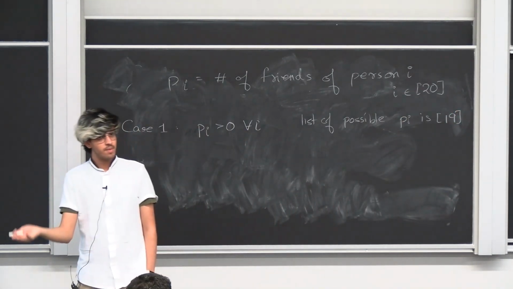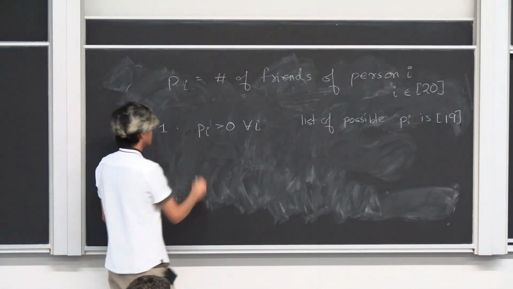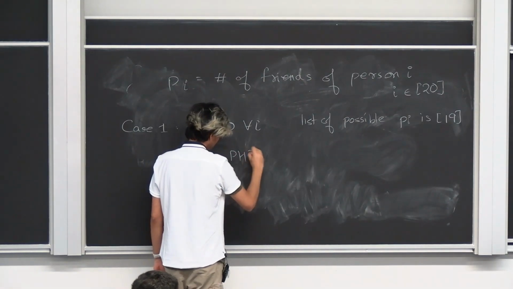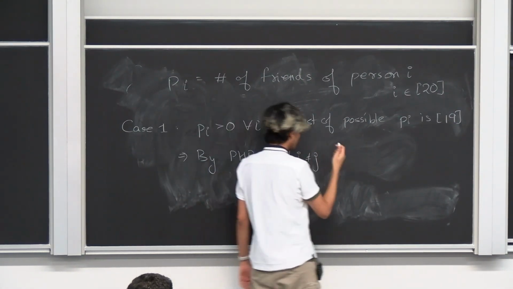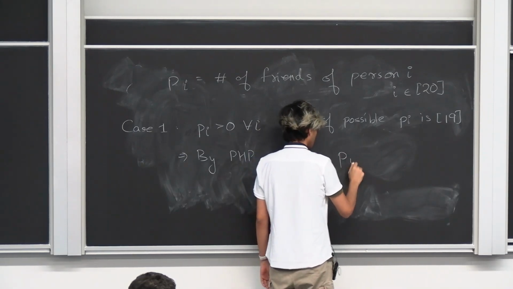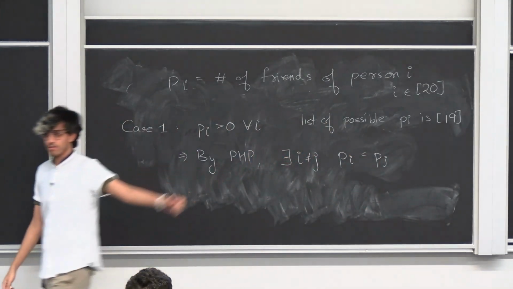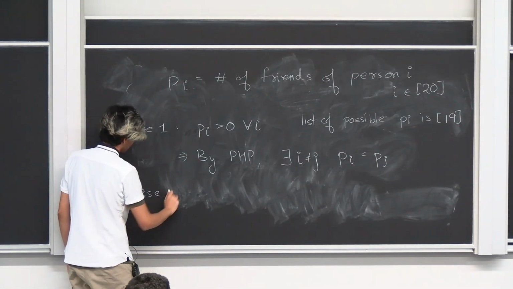And then you have 20 people, therefore by PHP, there exist 2 distinct people such that P_i is equal to P_j. They have the same number of friends. Great, that's one case. What's another case?